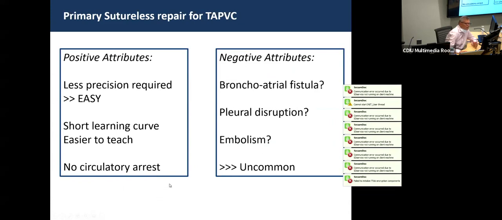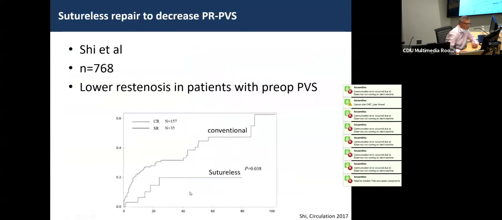So as I said, that operation can be applied irrespective of the individual morphology and whether or not it's mixed or infracardiac or whatever, so it becomes a more universal application of that procedure.